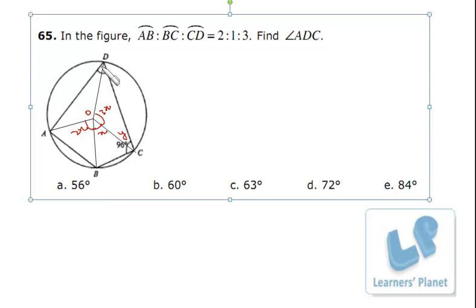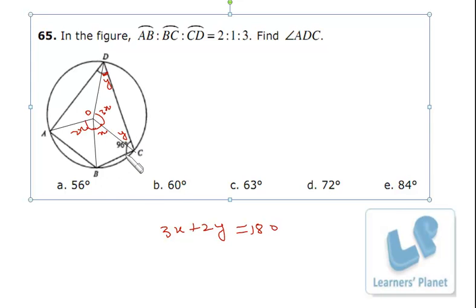Now OC is equal to OD, so in triangle ODC, this is y, then this will also be y. So 3x plus 2y is equal to 180. Okay, in this triangle ODC, 3x plus 2y is 180.